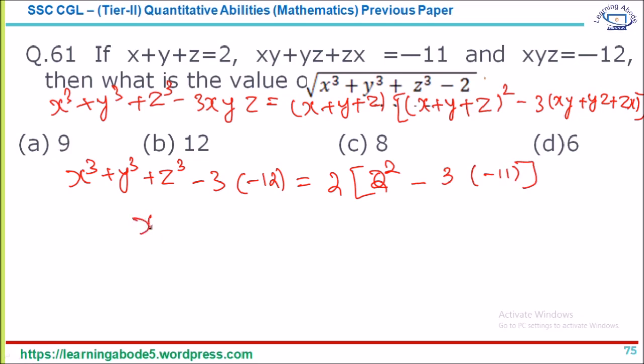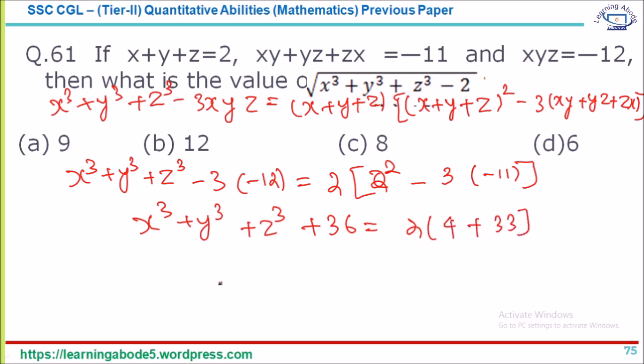Okay, so you get x cube plus y cube plus z cube plus 36 is equal to 2 into 4 plus 33. So you get x cube plus y cube plus z cube is equal to 74 minus 36, which is 38.